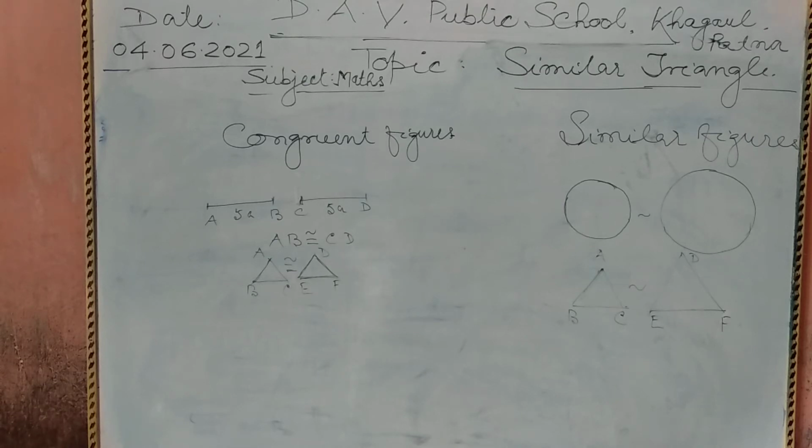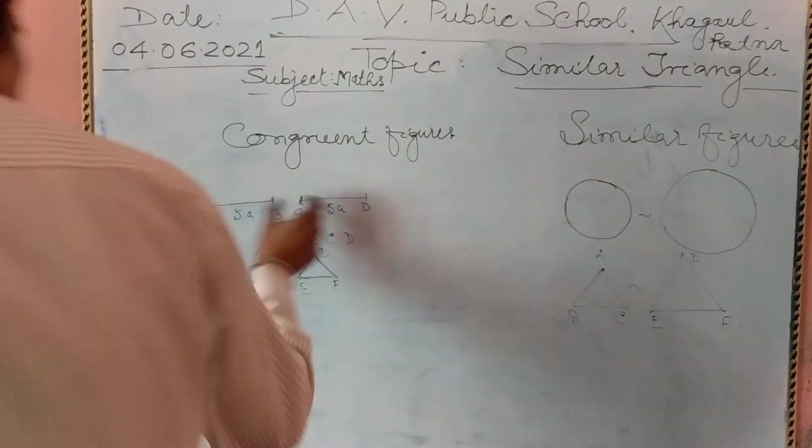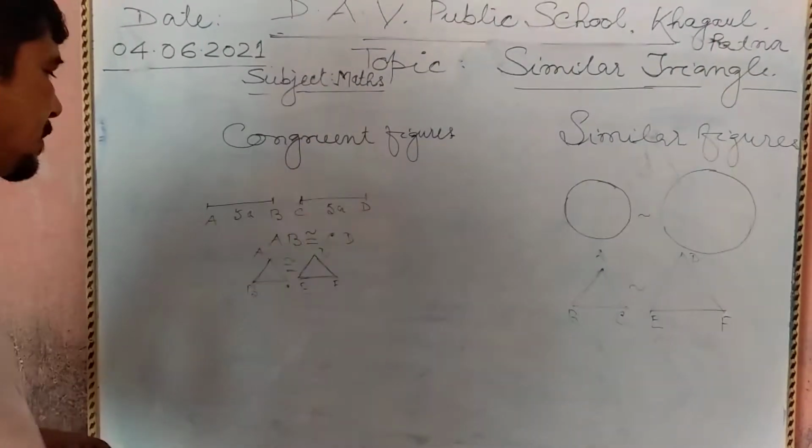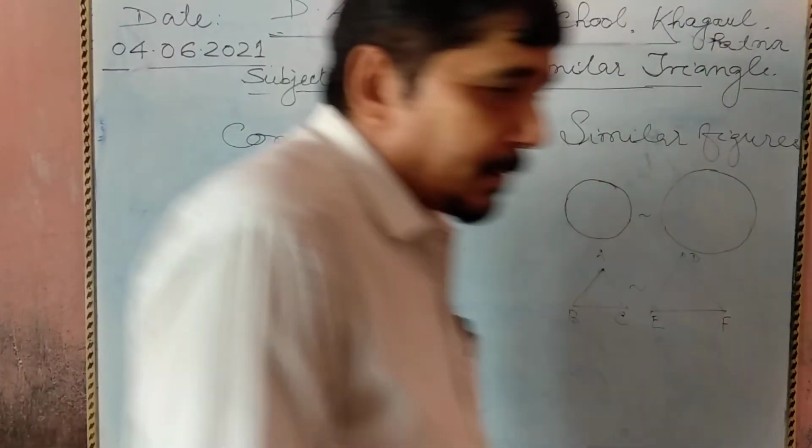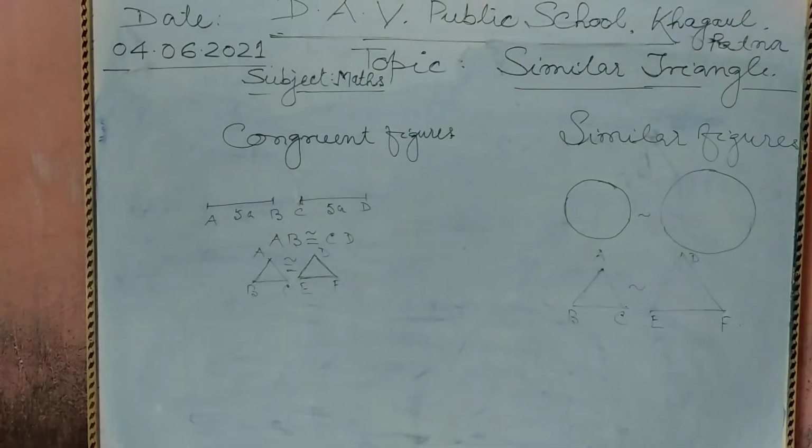Therefore, you can say AB and CD are congruent to each other. Means if you put AB on CD such that point A must coincide with point C and point B must coincide with point D.